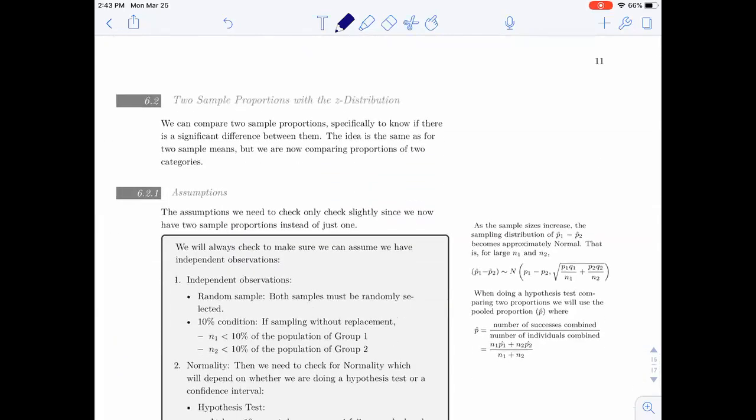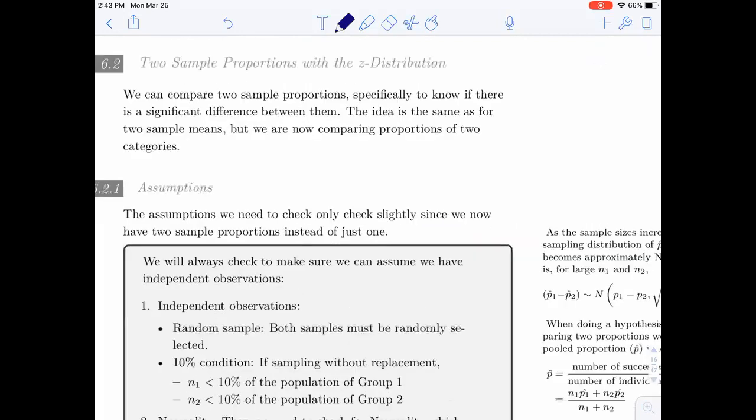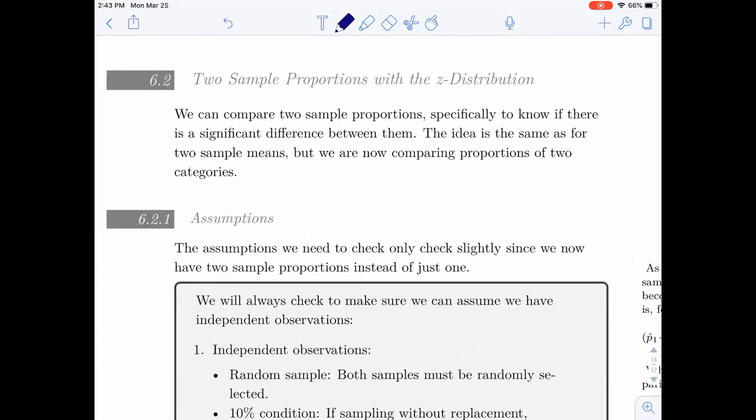Let's move on to two sample proportions. For two sample proportions, we have the exact same problem that we had with two sample means. Now we've got two samples of information, so that means we've got a sample proportion for group 1, a sample size for group 1, a sample proportion for group 2, and a sample size for group 2.